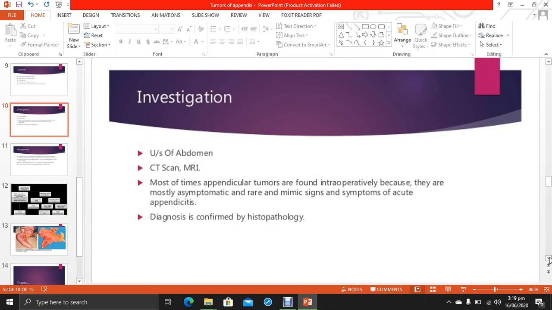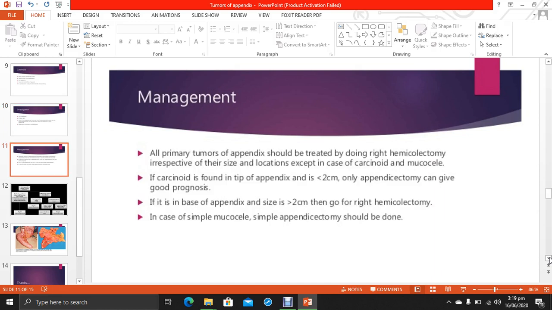CT scan, MRI, as I told you: in an old-age patient, if you feel a mass, then you should not proceed with just appendectomy. You should do a CT scan with IV and oral contrast. There is a chance of malignancy, so you should be prepared for further management. All primary tumors of the appendix should be treated by right hemicolectomy.